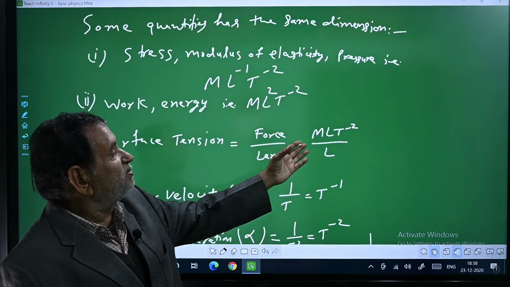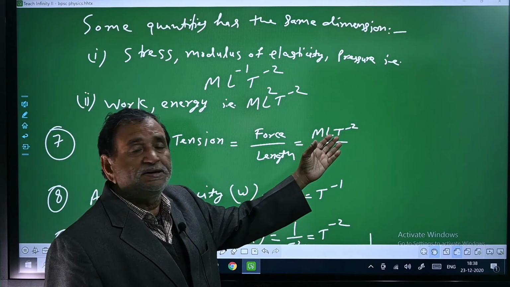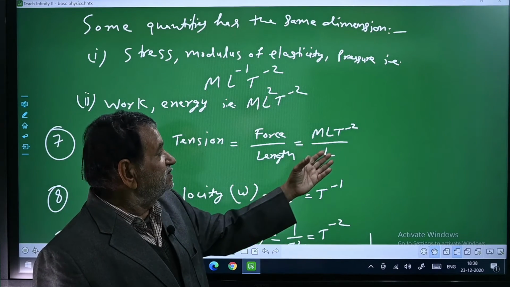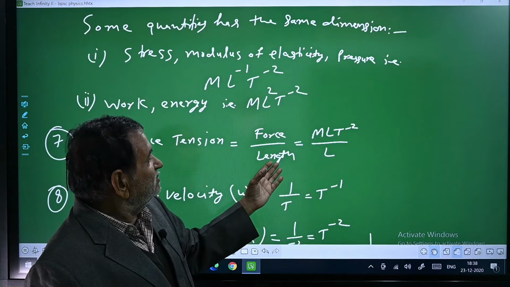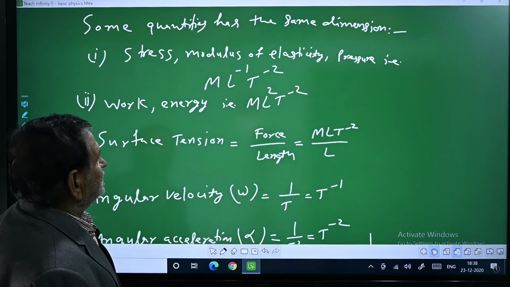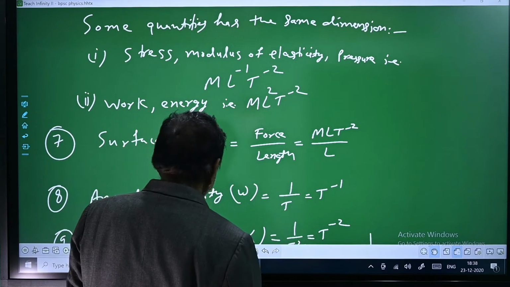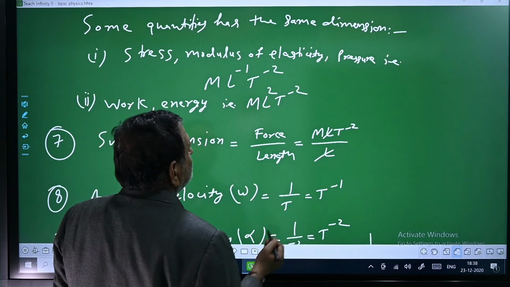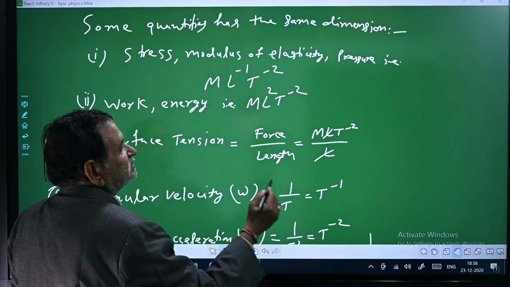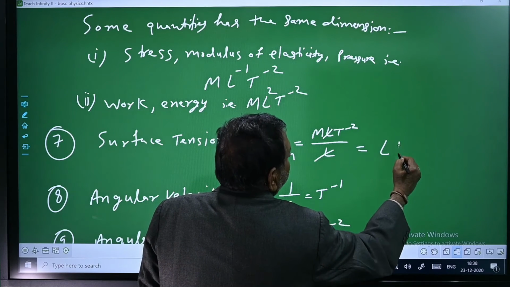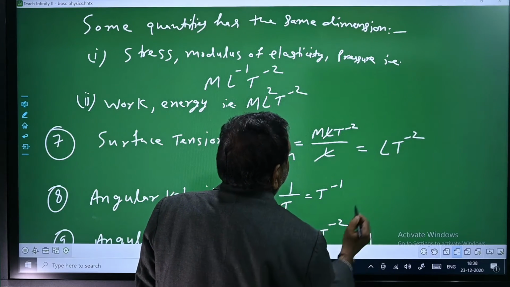The dimension of force is M L T^-2, which we have already discussed, and the dimension of length is L, so L will cancel out. So the dimension of surface tension will be M T^-2.